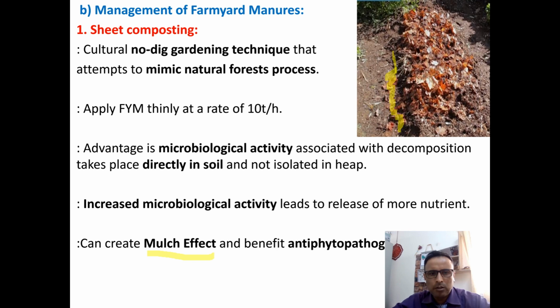This technique also provides an anti-phytopathogenic effect in the soil, and because this process is very slow, it helps in increasing microbiological activity also. Basically, it's a no dig gardening technique, and it mimics the natural forest process. So this is a very basic technique, called sheet composting, to manage the farmyard manure application into the soil.